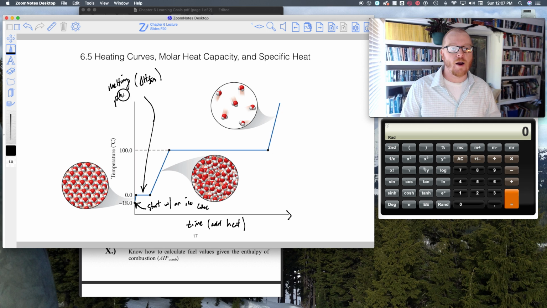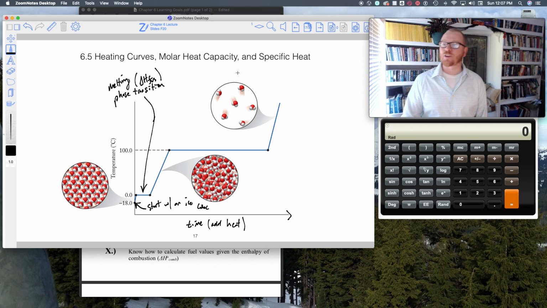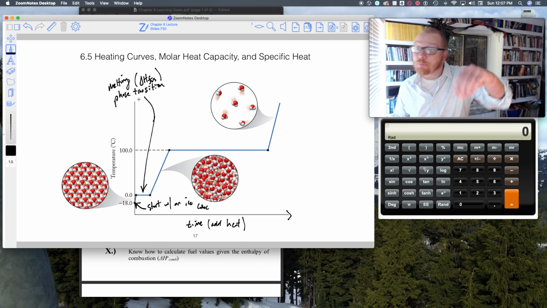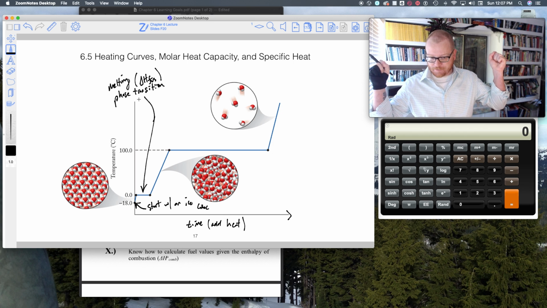When we are adding heat but there's no change in temperature, then all of that heat that we are adding is getting pumped into the delta H of fusion. Really, all of that heat is getting pumped into those chemical bonds to separate the waters from each other.